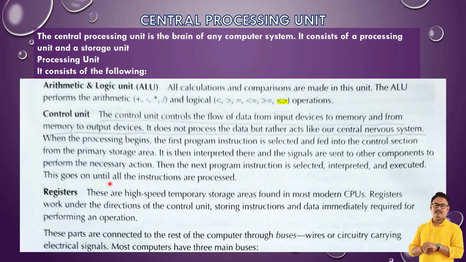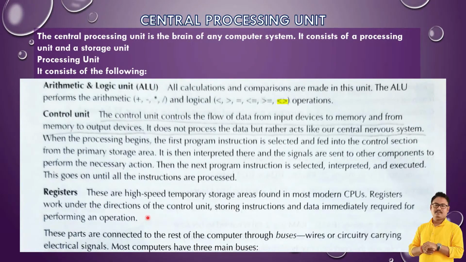Next is registers. These are high-speed temporary storage areas found in most modern CPUs. Registers work under the direction of the control unit, storing instructions and data immediately required for performing an operation.